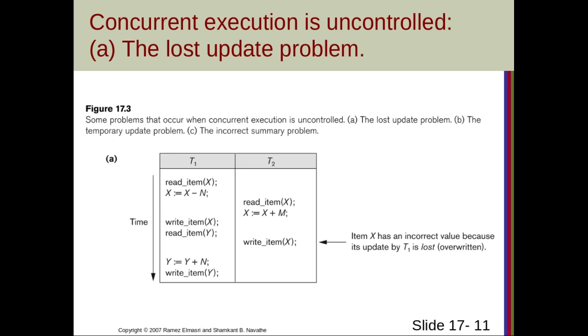But now the value of x after this interleaved operation of T1 and T2 will be 120. That means some updates are lost. Updates by T1 are lost. That means the update of T1 is overwritten by T2. This is called the lost update problem.